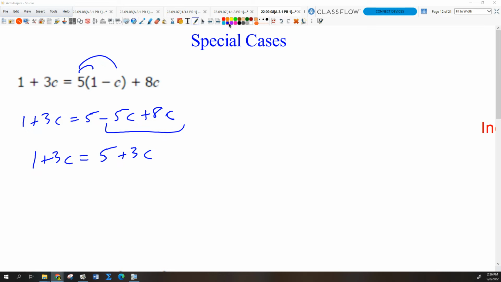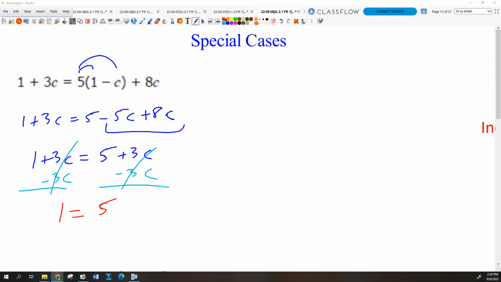The next step would normally be to push the c's to one side or the other, right? But in this case, when I subtract 3c from both sides, look what happens. We end up with the answer 1 equals 5. Okay, is that true?